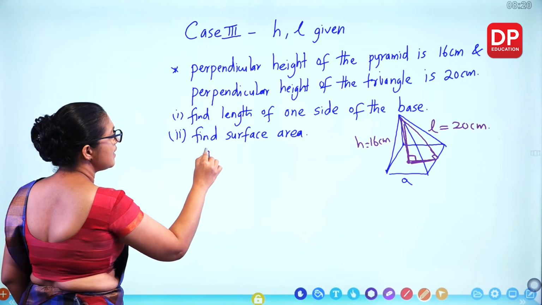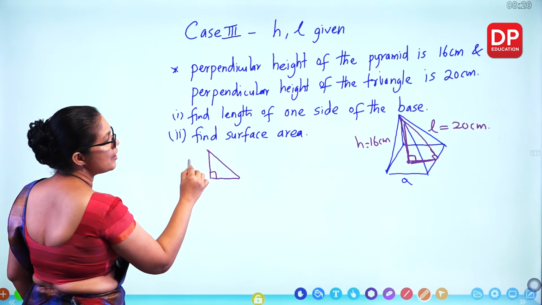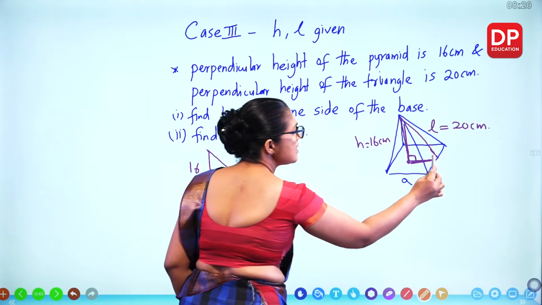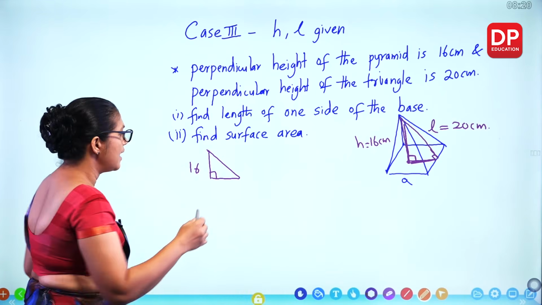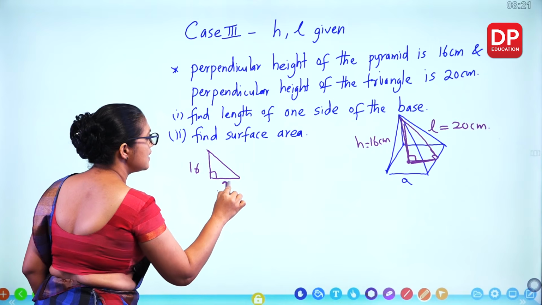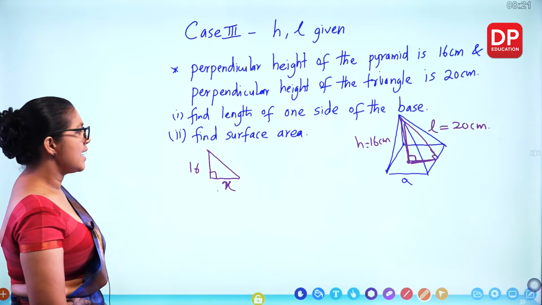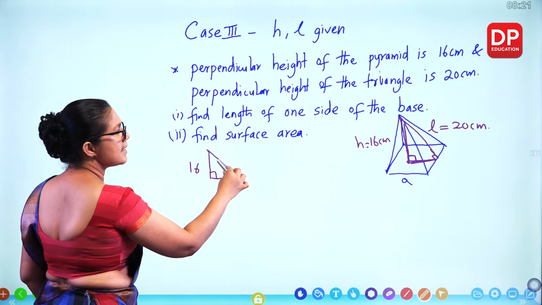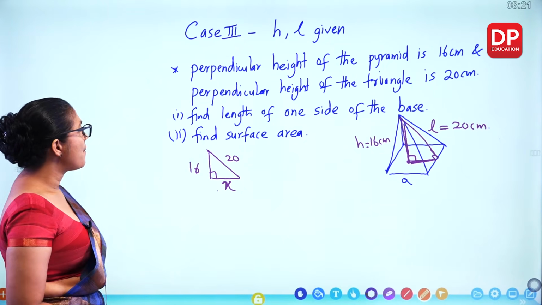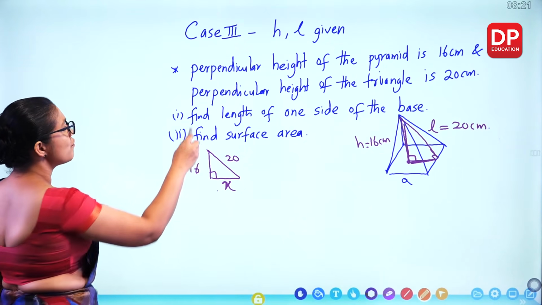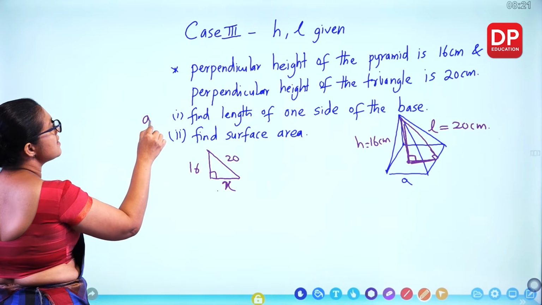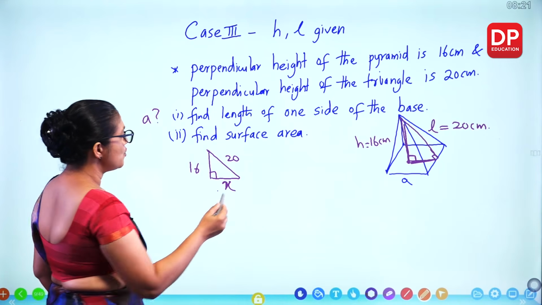So in this triangle, we know the perpendicular height 16. And what is this one? This length is half of A. I can write X or something now and then later I can find out A using that. What about this side? This side is given 20. So we can use Pythagoras theorem to find out the length of one side.